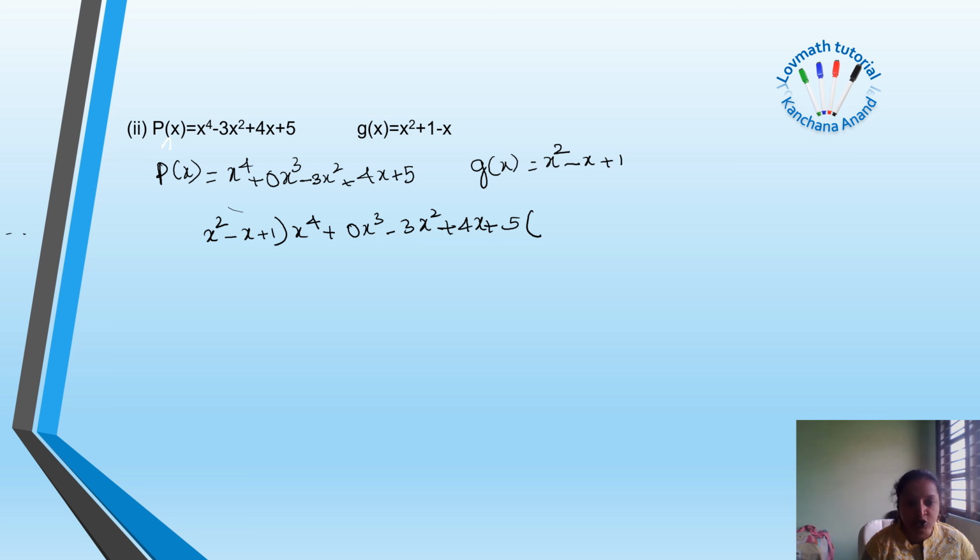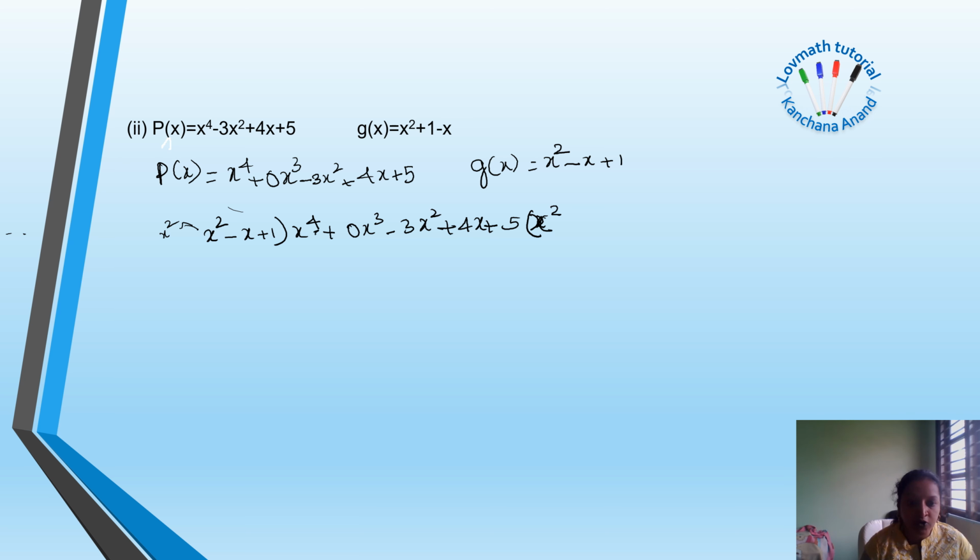To get x to the power of 4, we have to multiply this g of x, that is x square minus x plus 1, by x square. We are going to multiply g of x by x square, so here we are writing the x square in the quotient part.